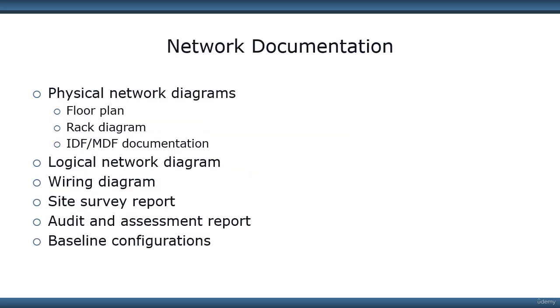So network documentation, this is another type of document that you would want to be familiar with. Floor plans, just a generic term for the layout of the physical, not the network, but the office. So the layout of the office and understanding where different systems are, where the printers are, where the servers are. A rack diagram would just be a diagram of a server rack. On a regular server rack, a lot of times you have multiple servers.